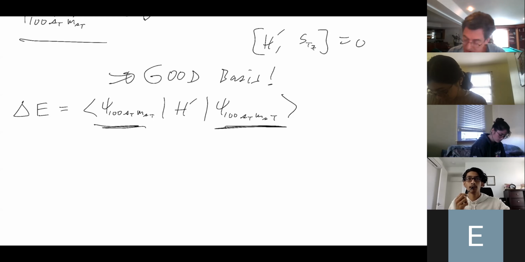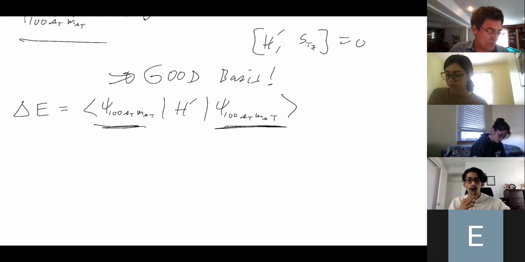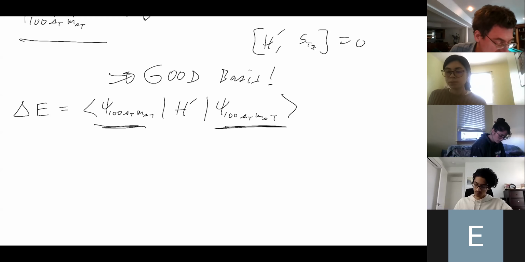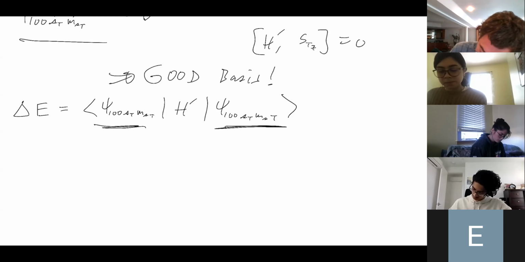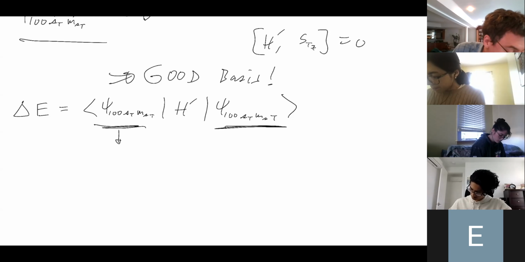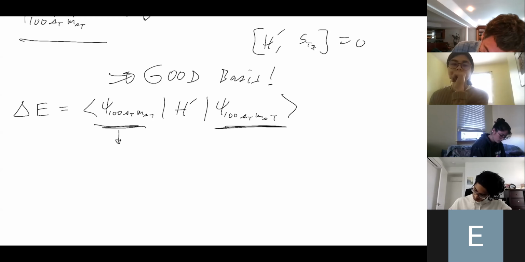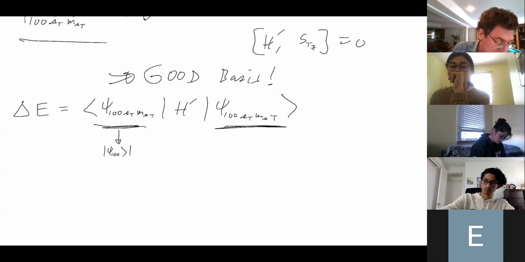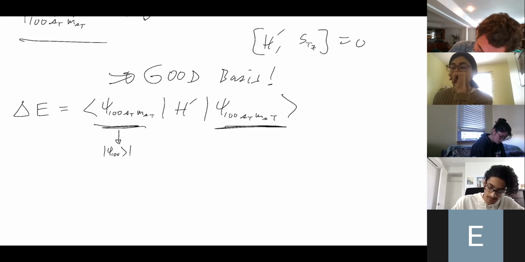We have that big formula. I'm going to write this state like this: psi 1, 0, 0, the spatial part, and then I'm going to pull off the spin part, S total, M sub S.